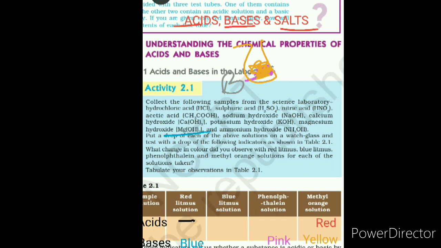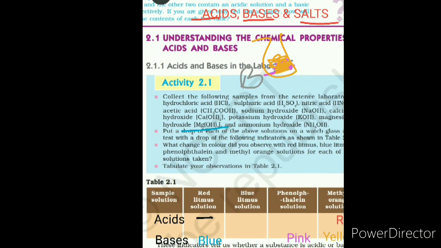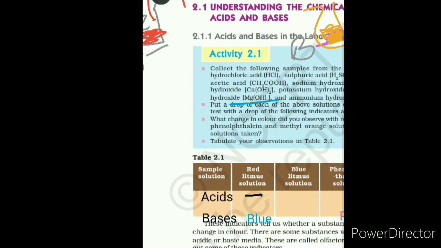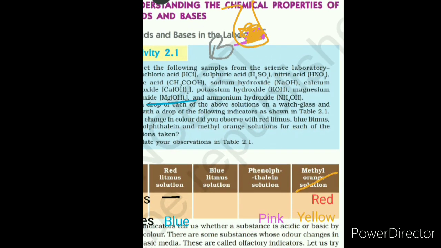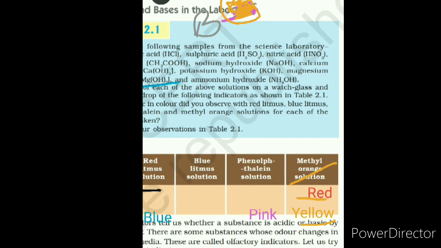This is written here. Whatever the acid may be, hydrochloric, sulfuric or nitric acid, the color of the acid will become red by adding methyl orange. And when we add methyl orange to a base, then the color will become yellow.